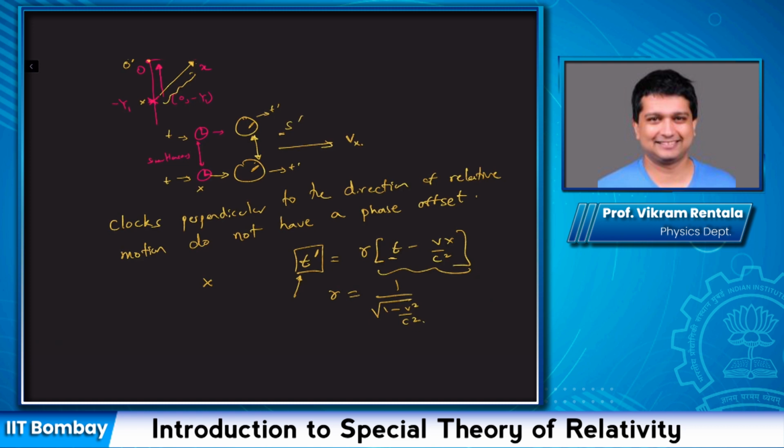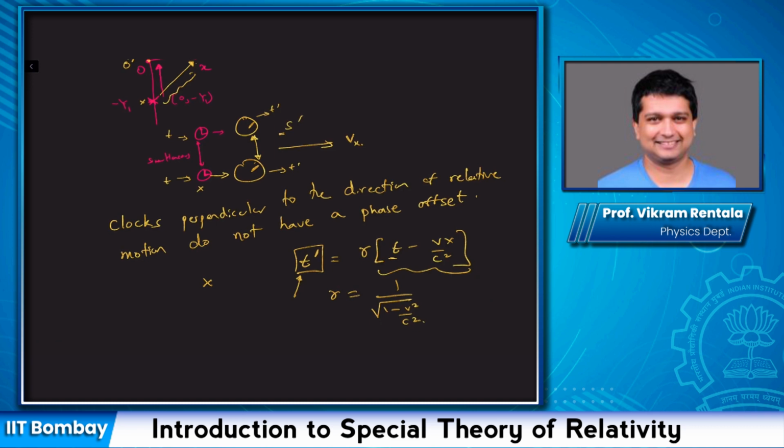Now, our special relativity dictionary tells us that nothing special should happen in the direction perpendicular to the direction of motion. So y2 prime should be y2, y1 prime should be y1. And this just came about from the principle of isotropy. There's no preferred direction except the x direction, so it's not clear that anything should happen in the perpendicular direction. And so therefore this dictionary tells us that the lengths of the rods will be measured to be the same.